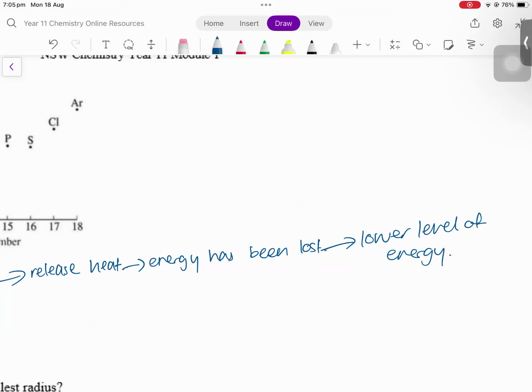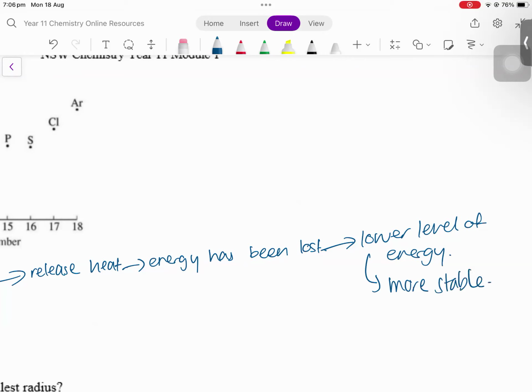Guys, when the electrons were at a lower energy level, how did you describe that? Was it more stable or less stable when it was at a lower energy level, those electrons? It was more stable. Okay, good. In module 1, when we talked about energy levels, when we talked about electrons, we said the lower energy level is more stable.